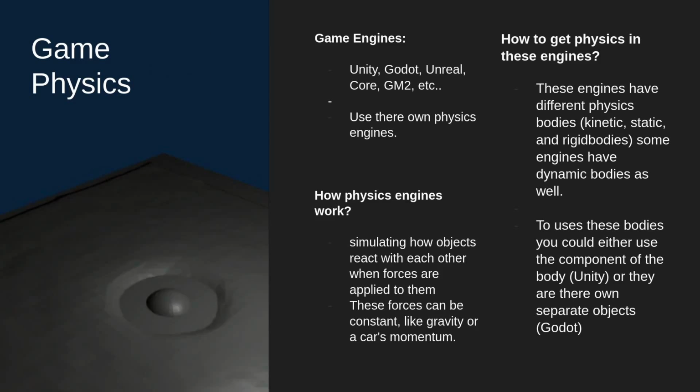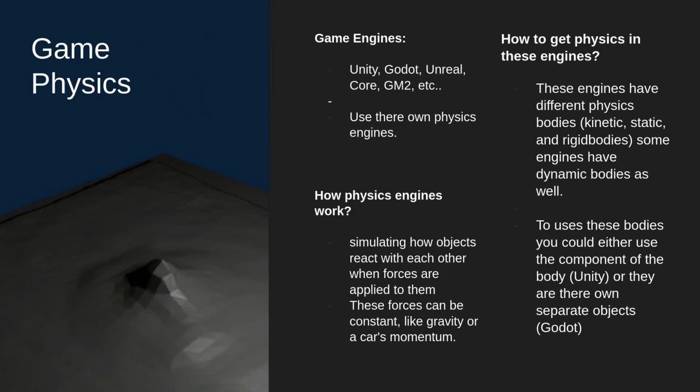How you would implement physics in these game engines, you would have an object that you create or an object that is already pre-built and you just have to place it in. For example, in Unity, you could just make a ball, and then you put a component of the type of body you want, like kinematic, static, or rigid body.